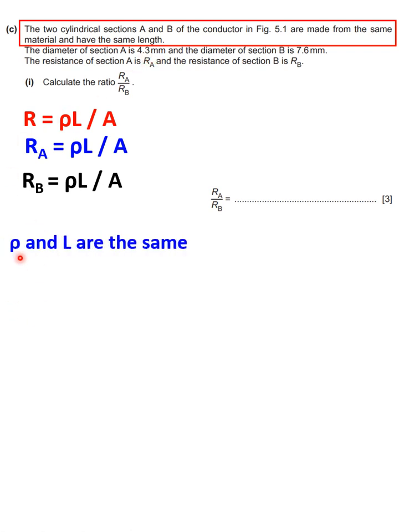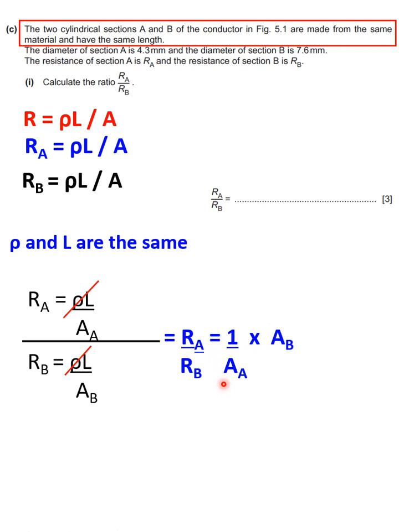So resistivity and length are the same. So when I have RA over RB, I can cancel resistivity and length because they are the same. So what is left is the cross-sectional area.